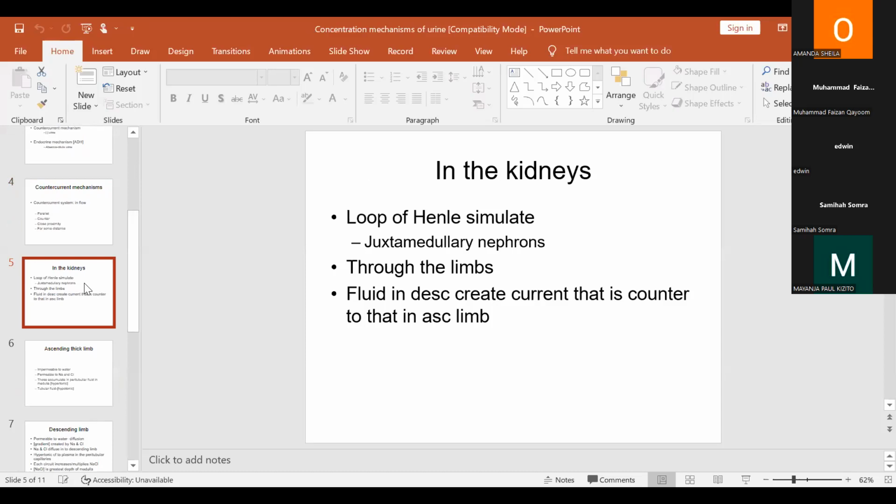If you look at the countercurrent multiplier, the countercurrent multiplier utilizes the anatomical structures we refer to as the loop of Henle, the descending and ascending loop of Henle, to ensure that the kidneys are concentrated down there so that they can perform the function of concentrating and diluting urine. So the fluid in the descending loop of Henle creates a current that is counter to that of the ascending loop, as we have said.